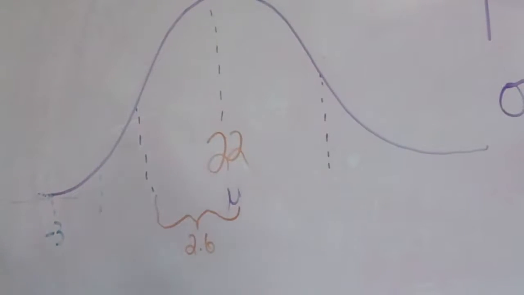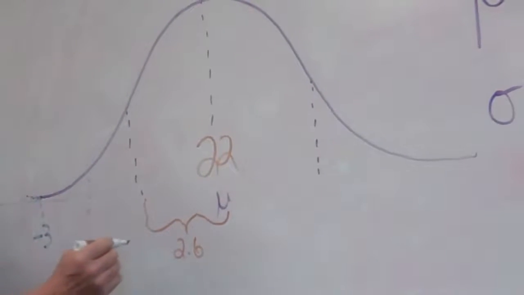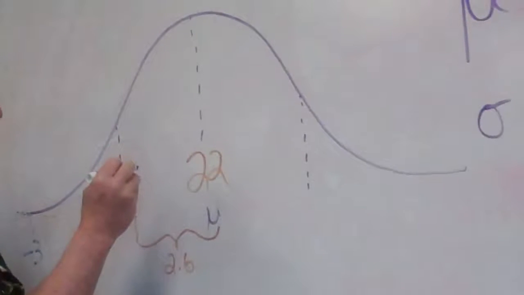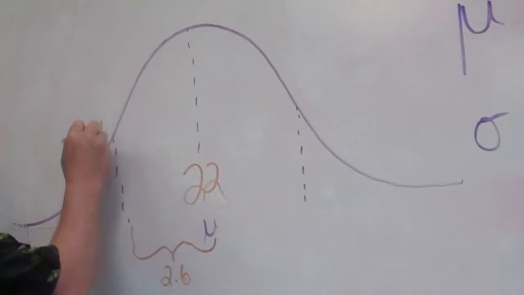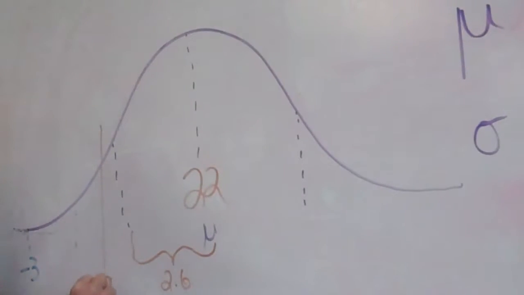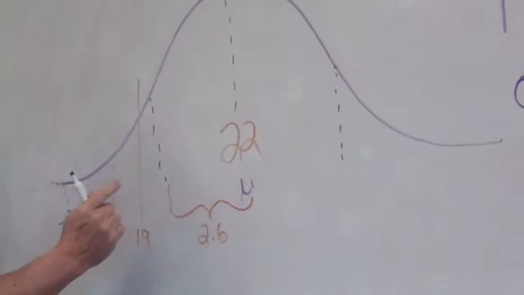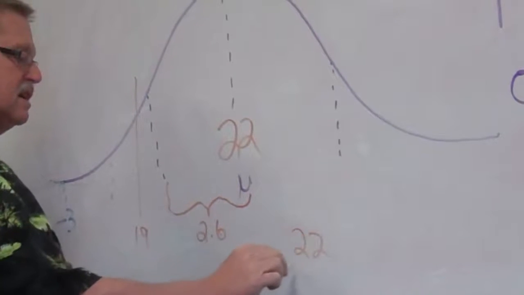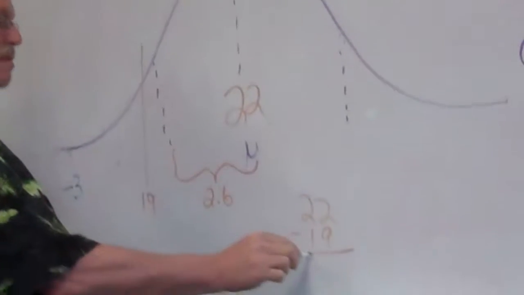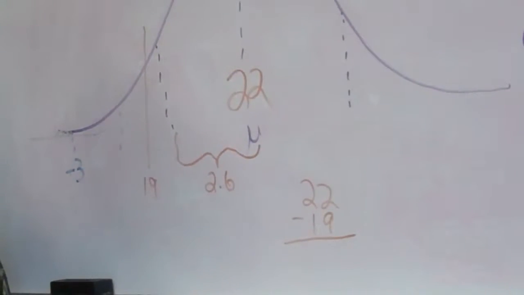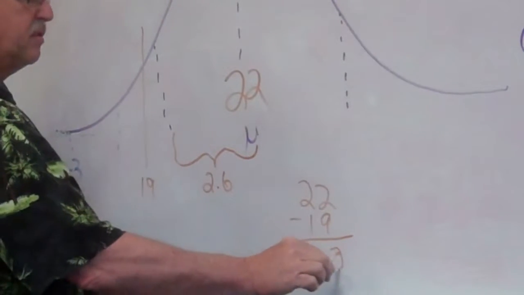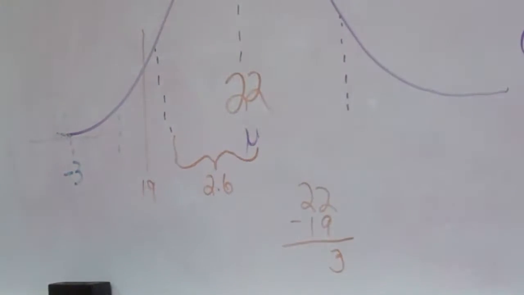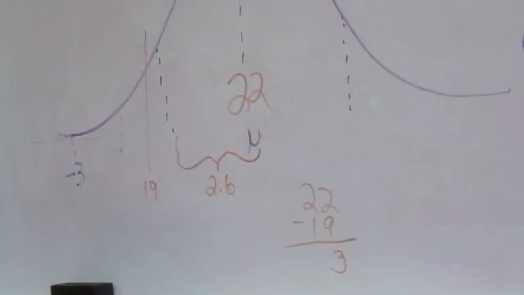So what you have to do for me, Jaden, is figure out this 19. I want to see how many deviations that is below. So you're going to go 22 minus 19, like so. That's a 3, of course. And you have to tell me how many 2.6s that is.